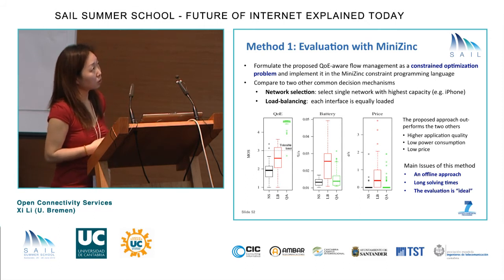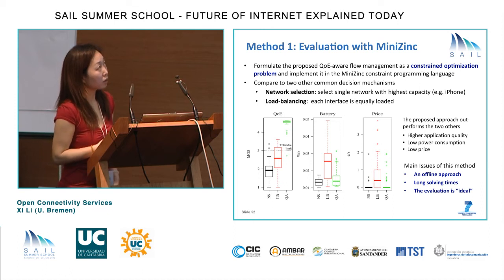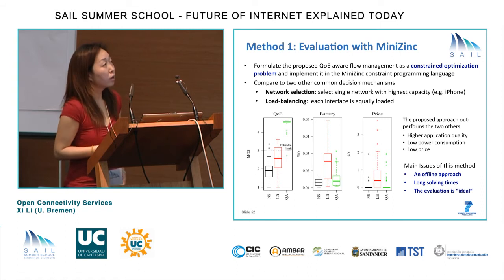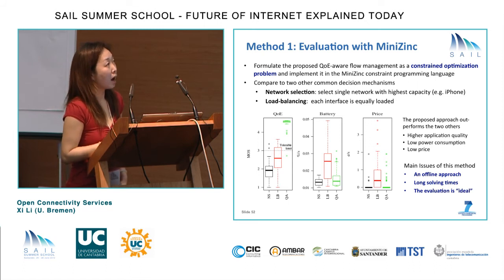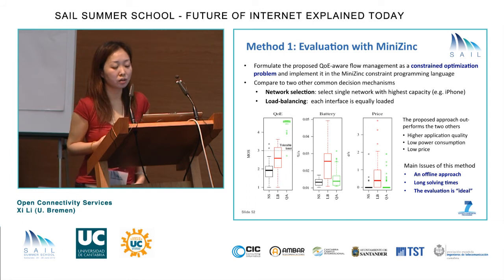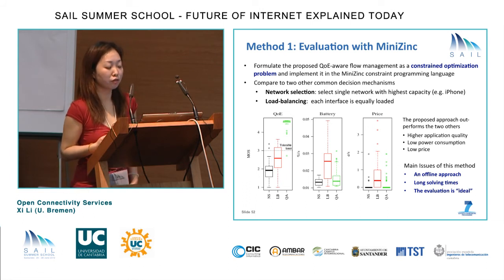We compare the user-centric flow management approach with two other commonly used decision mechanisms. One is called the network selection approach, which is to select a single network with the highest capacity, which is the mechanism mainly used nowadays in a lot of smartphones.